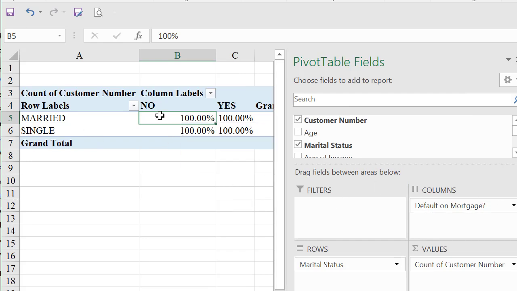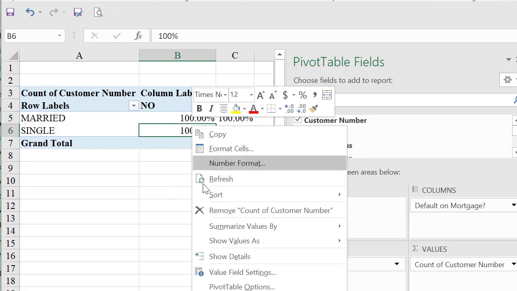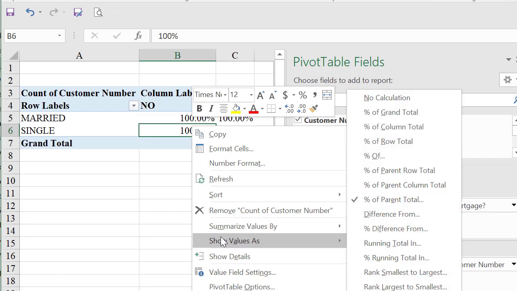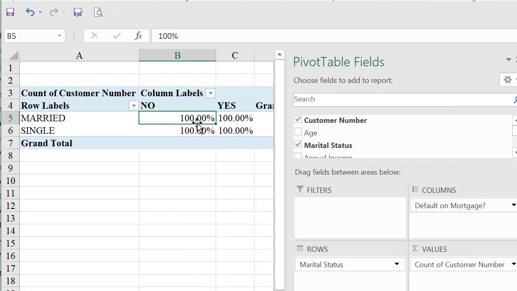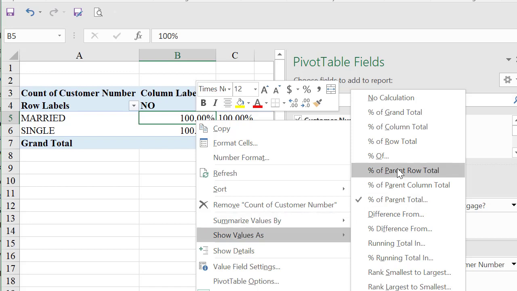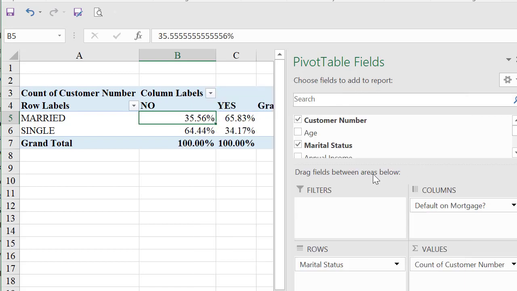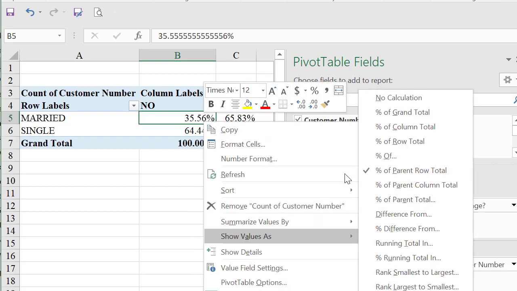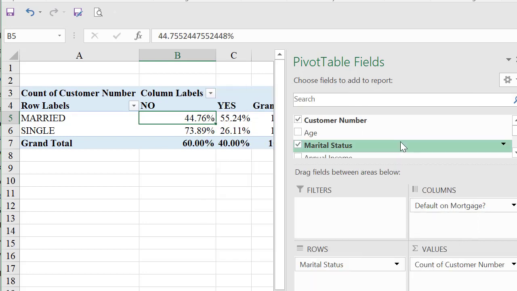Now we see that this is not correct, so I chose the wrong one on purpose here. What I need to change this to is show value as percent of row total. It's not percent of parent row total, it's just percent of row total. And then we get those same percentages that are shown in your book.